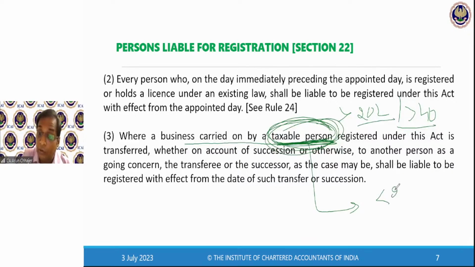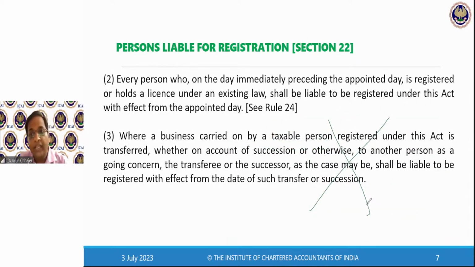If the turnover is below 20 lakhs, then his father is not a taxable person. In that case, this provision would not be applicable to his son and there is no requirement for his son to take registration. Is it clear? Subham, yes sir, got it.